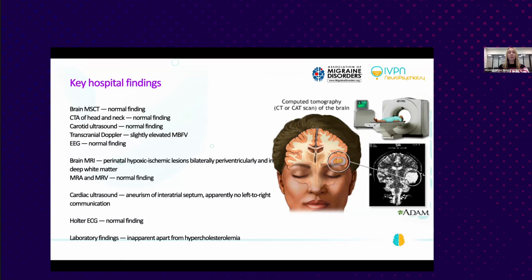They performed an MRA and an MRV, and it was normal. And they performed a cardiac ultrasound showing an aneurysm of the interatrial septum with no apparent left to right communication. She not only did ECG, but Holter ECG, which was normal.